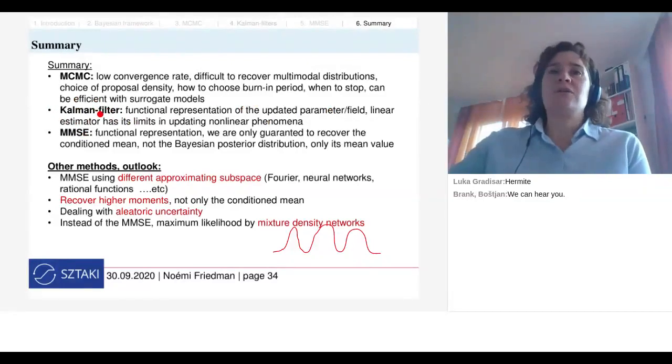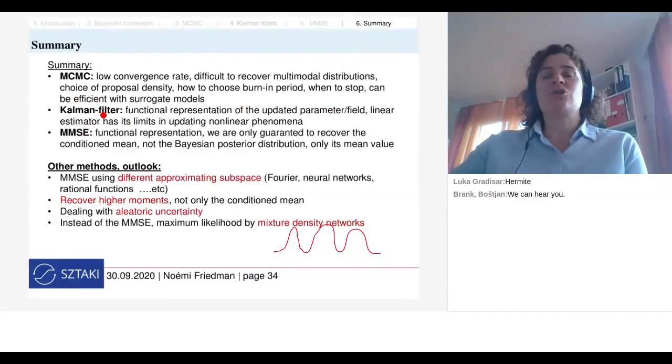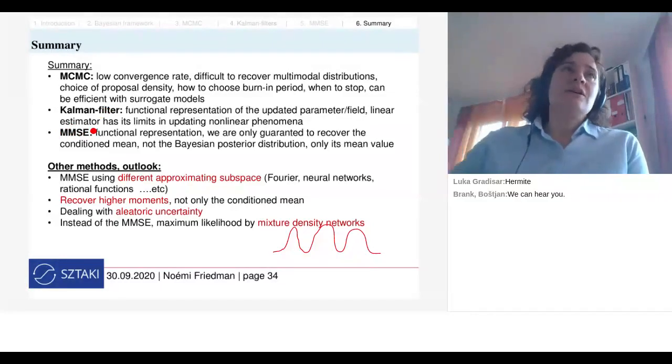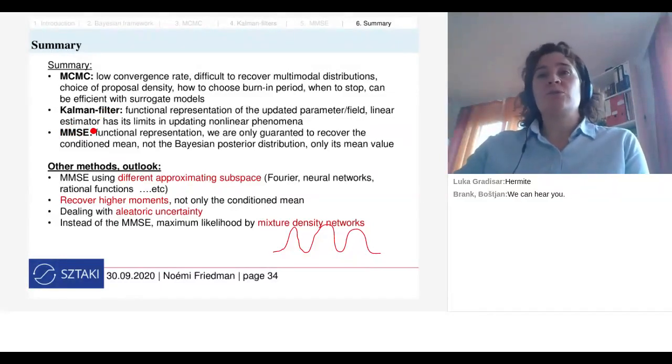You can do it in a sequential way that is shown by Dr. Bojana Rosic. You can check her papers, or you can go to higher degree estimators, which will also only ensure, as Professor Mattis explained, to recover the conditioned mean and not the whole distribution.